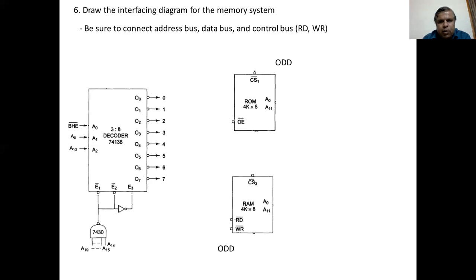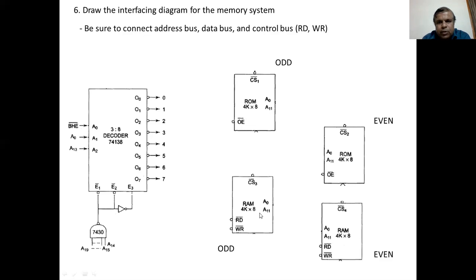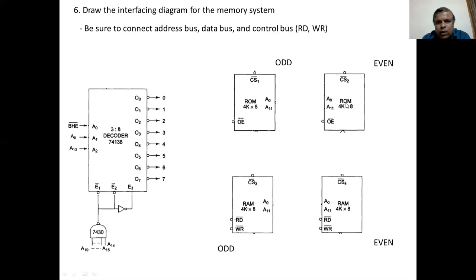Then arrange the memory chips to obtain the 16-bit data bus width. Arrange them into an odd memory bank and an even memory bank. So one ROM is in the odd bank and another RAM is in the odd bank. Similarly, one ROM is in the even bank and another RAM is in the even bank.